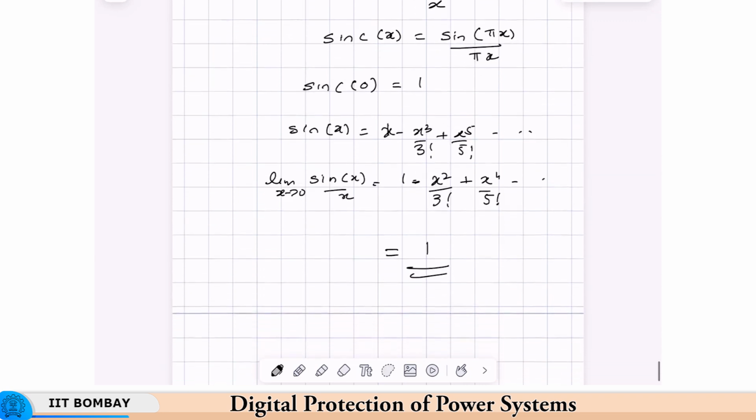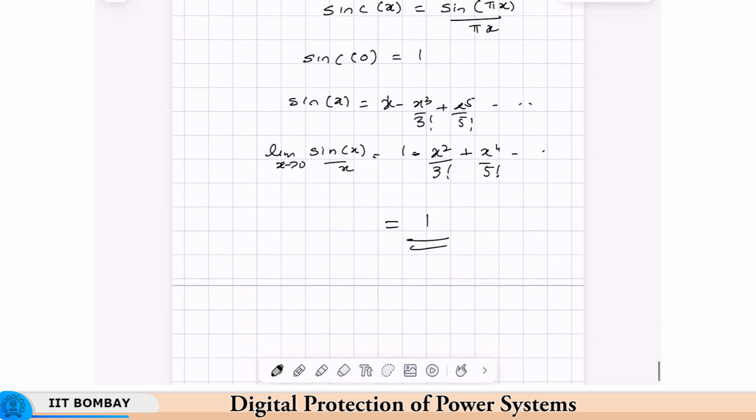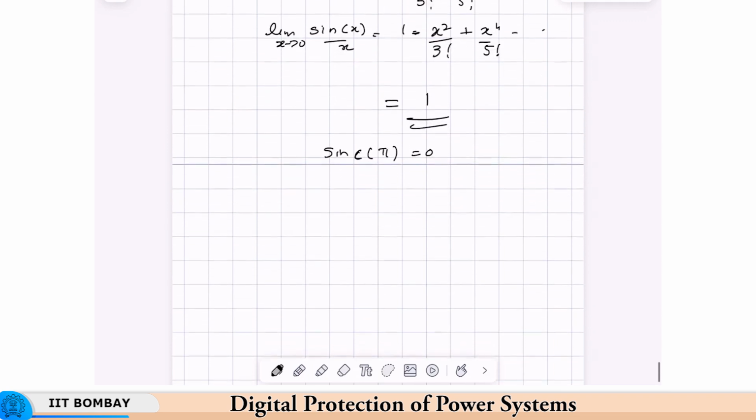What is sinc of pi? Sin pi is 0. So, sinc of pi is 0. Similarly, sinc of 2 pi and all that is 0. So, how will the plot of sinc x look like?